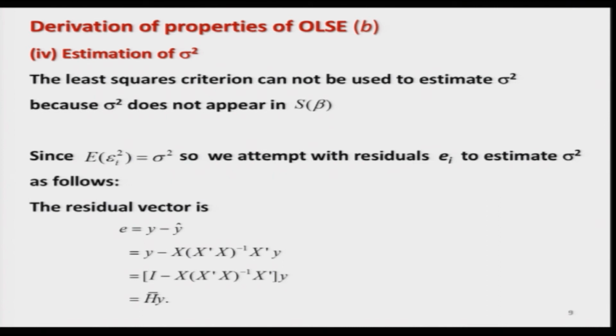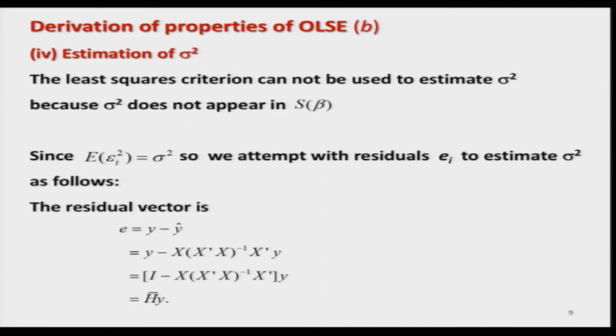So what we try to do here is consider the sum of squares due to residual, take its expectation, and obtain an unbiased estimator of sigma square. As such, it is not possible to obtain the value of sigma square the way we found the value of b by the least squares method, by minimizing the function S(beta), whereas when we do the maximum likelihood estimation, you will see it is possible.